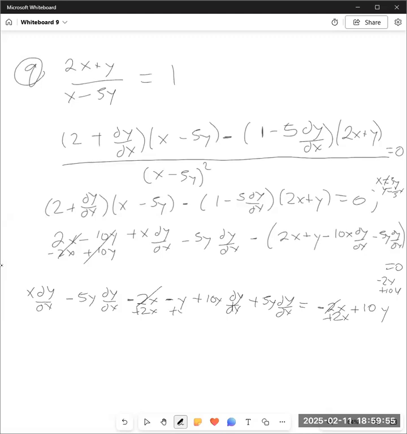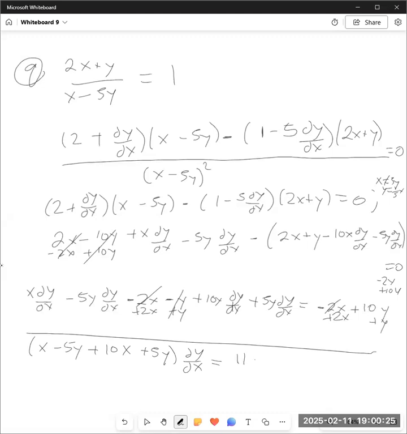Going to add y to both sides. That becomes (x - 5y + 10x + 5y) dy/dx is equal to 11y.